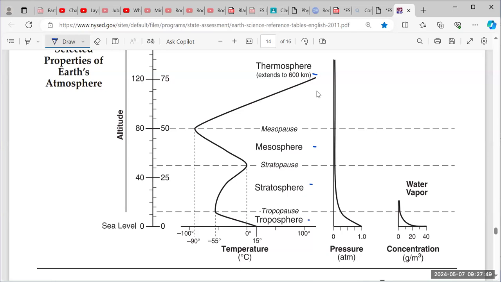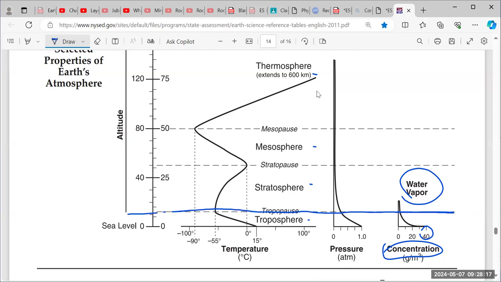Because I know that jet streams have something to do with weather, and weather has something to do with the amount of water vapor that is occurring. We know that most of our water vapor concentration actually occurs, where we see it says 40. Most of the water vapor actually occurs in this layer.